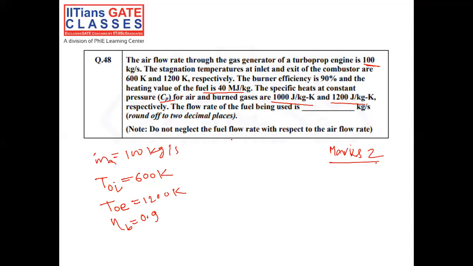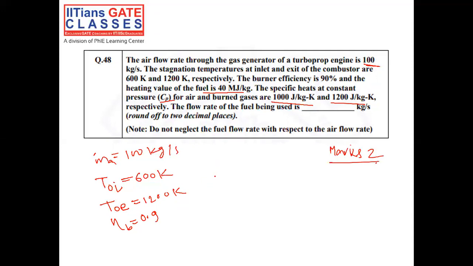So to find out the fuel flow rate, we have to do an energy balance across the combustion chamber. The total energy at the inlet and exit of the combustion chamber will remain the same.